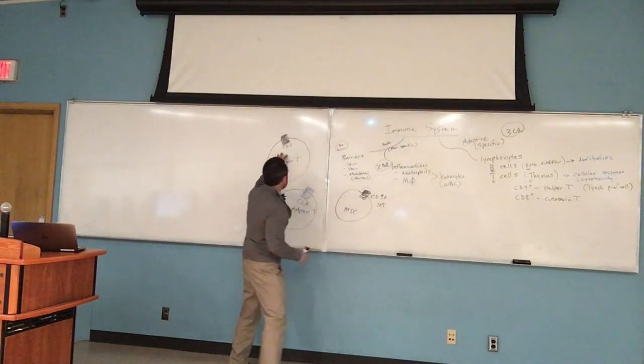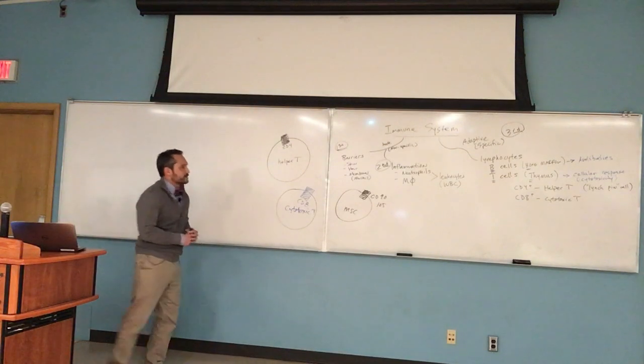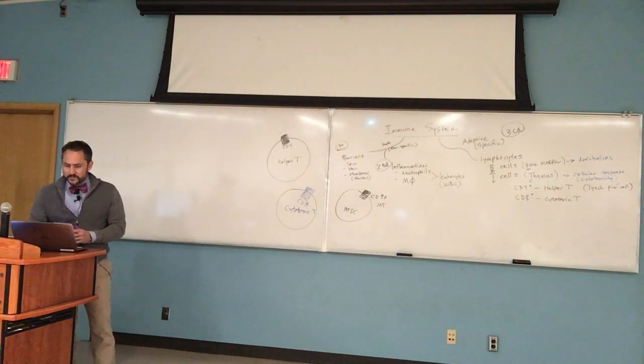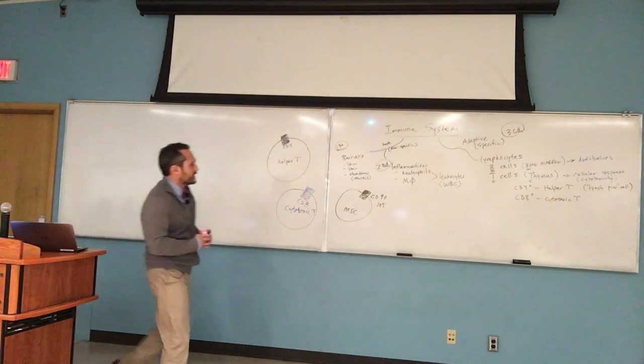So clusters of differentiation, we covered that. We talked about where these lymphocytes come from, and a little bit about what they do. Now let's talk about a little extra detail.